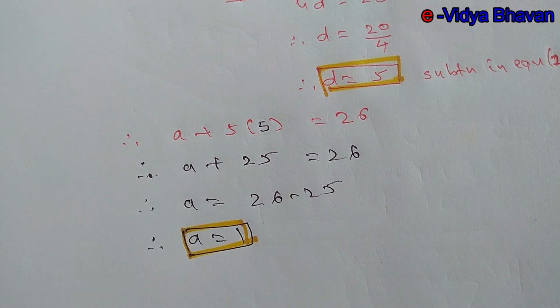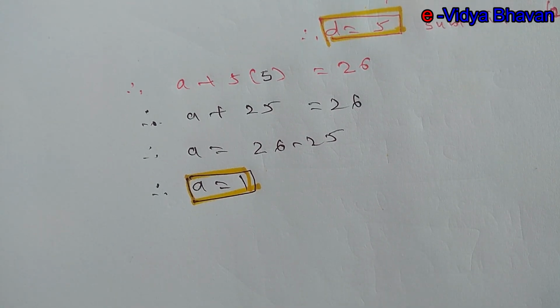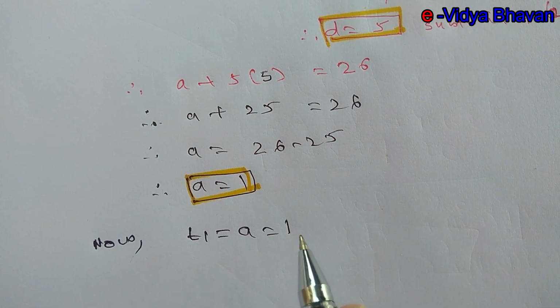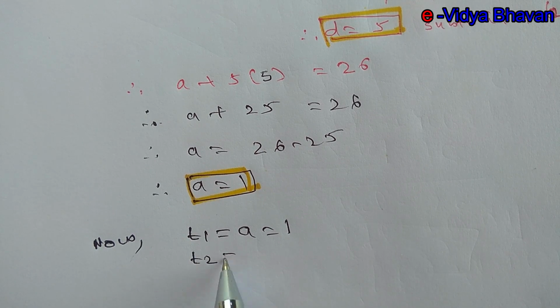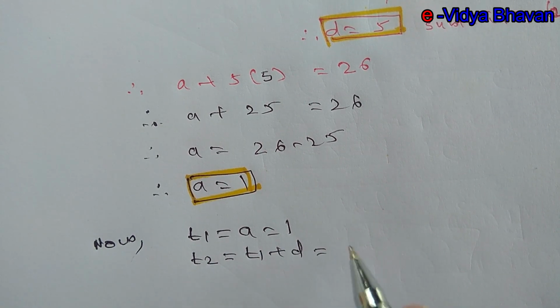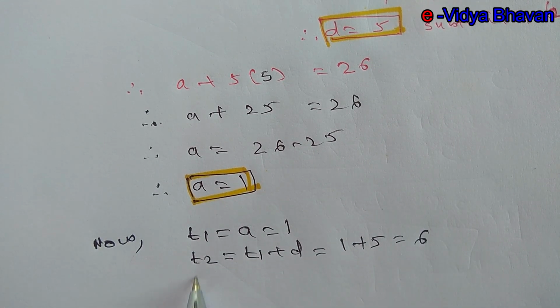Now, further they have asked in the question, find the AP. So we are interested in AP. So let us find the AP. Now, T1 will be nothing but a, that is 1. T2 will be nothing but T1 plus d, that is 1 plus 5 equal to 6.